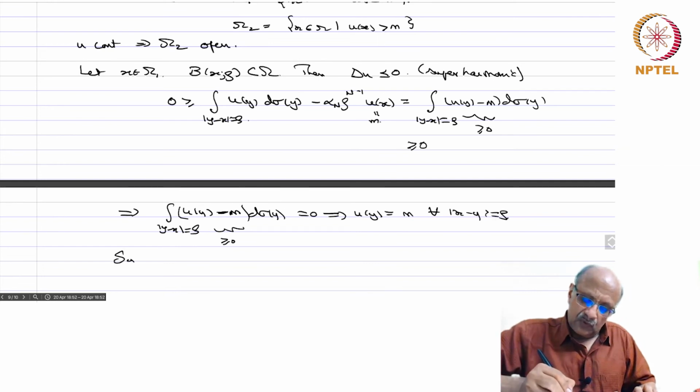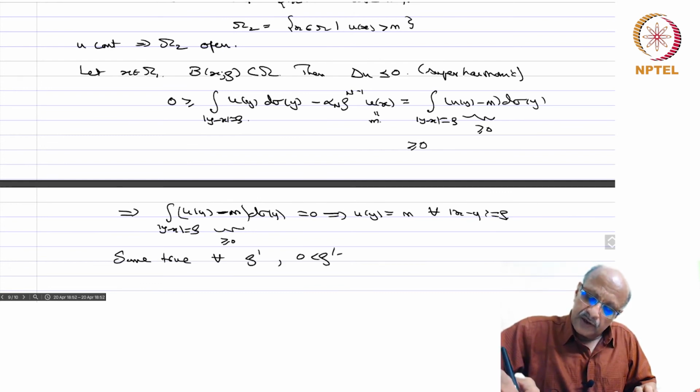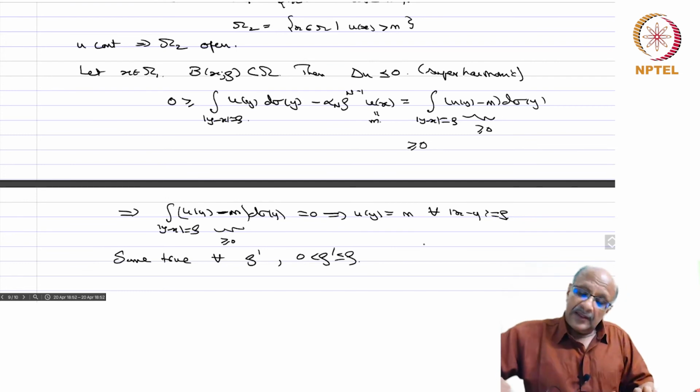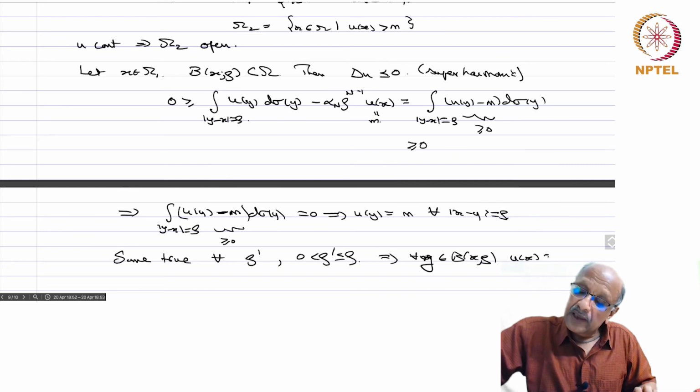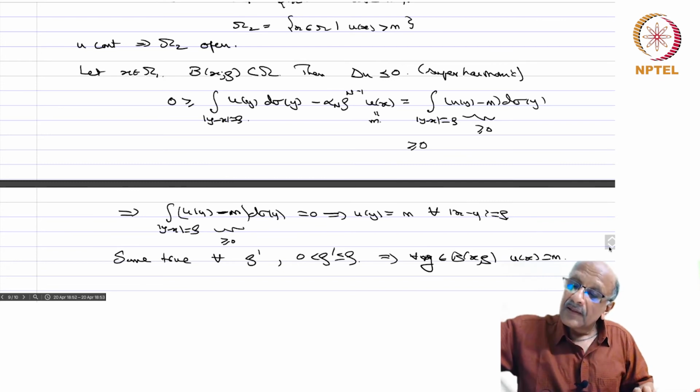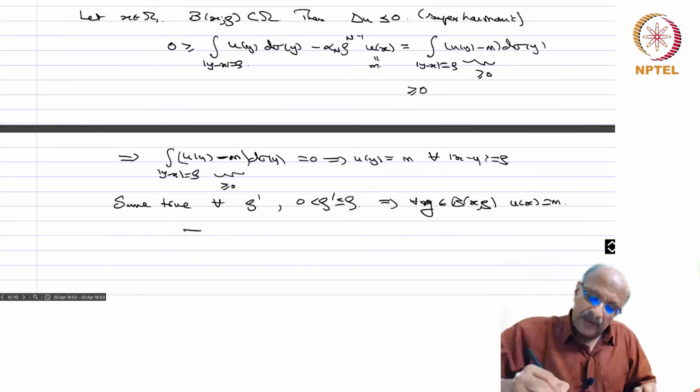So, same is true for all rho dash, 0 less than rho dash less than or equal to rho, and that means for all y in B(x, rho), we have u(y) equals m, and this implies that omega 1 is open.